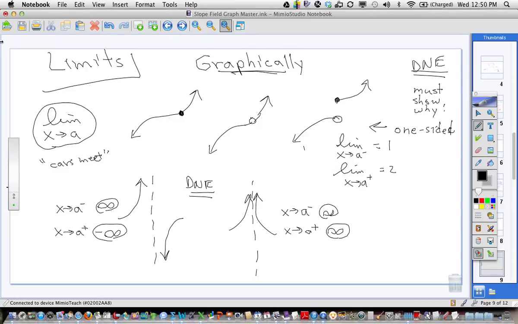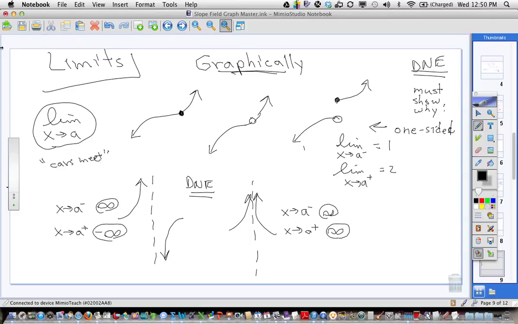Because infinity is not a number. Infinity is not a number. And a limit is the number where the cars meet. The cars still don't meet there. They're both going to positive infinity, but they don't meet. So technically the limit does not exist, but some people allow you to go ahead and say the limit is infinity. If you did say that, that'd be fine in that particular case.